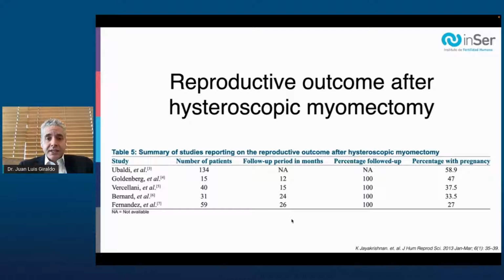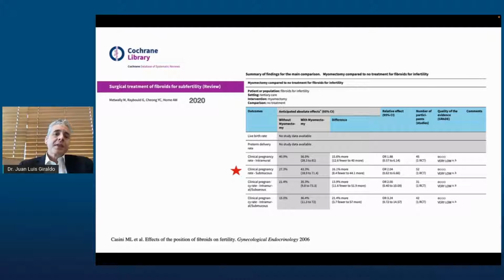And during this period of follow-up, 1 to 2 years, you can see that the percentage of pregnancy in those patients ranged from approximately 30% to 60%. So definitely hysteroscopic myomectomy seems to have a positive effect on the chance of these patients of getting pregnant.